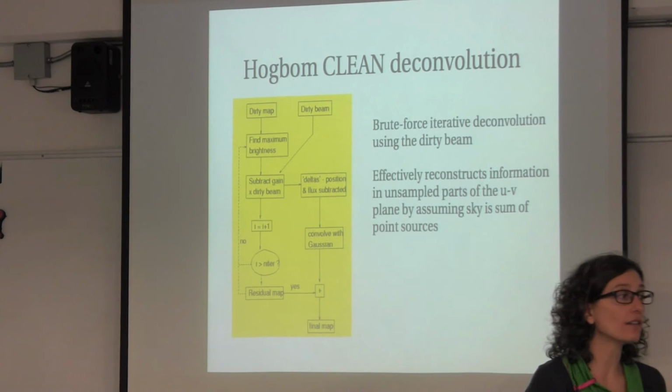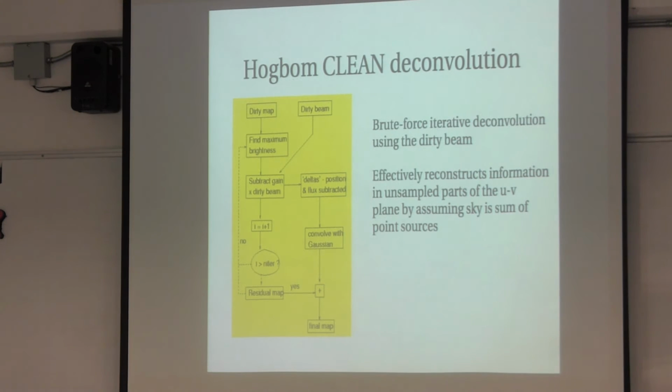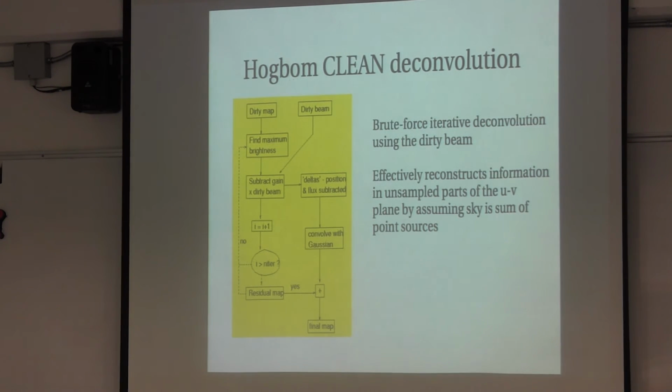Here you have a number of iterations. This is not brute force, it has two cycles, but the number of iterations is basically how many clean components you are going to subtract. You have two ways of stopping this algorithm.